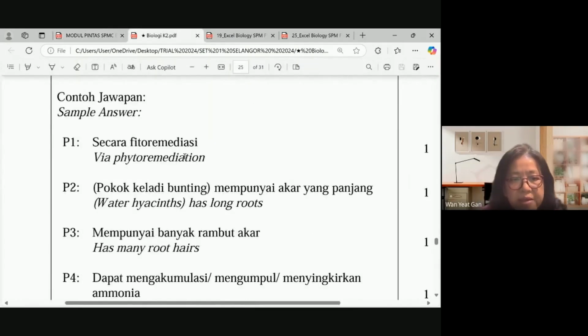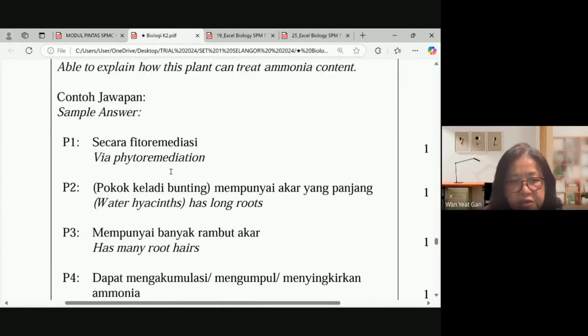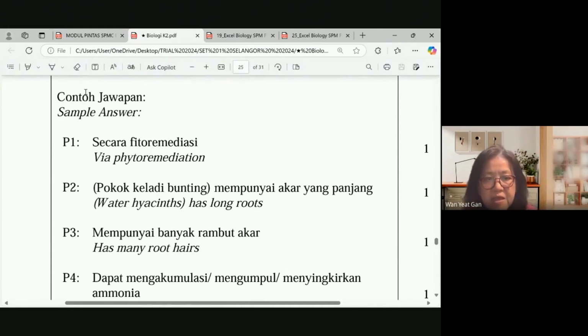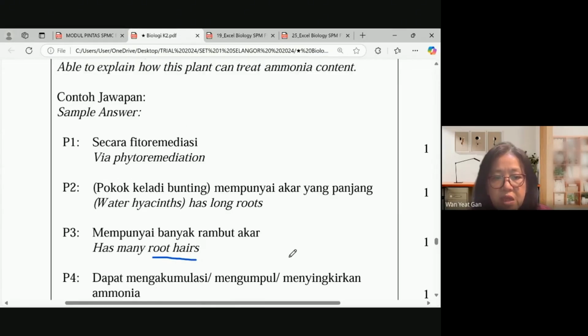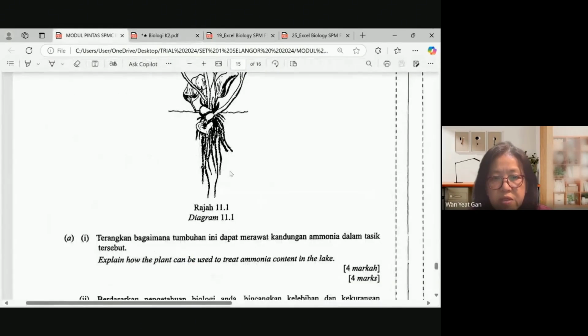Okay, so via phytoremediation. Now the plant is called water hyacinth. It has long roots, and also many fine roots. So the roots, as you can see here, are quite long and fine.